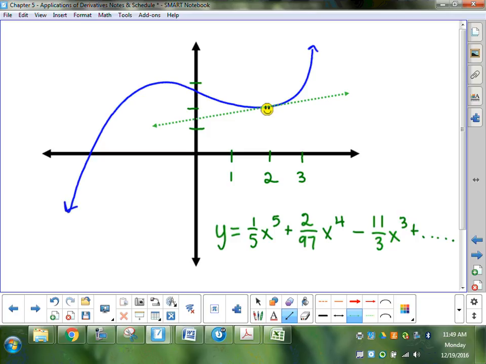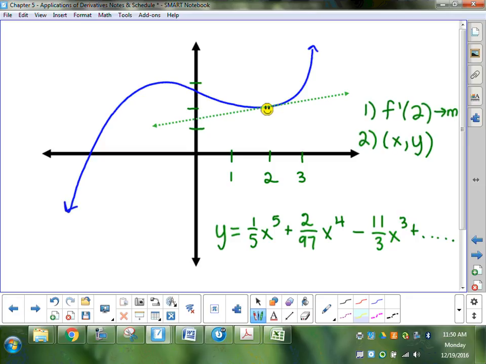It'd be 2 and whatever that y value ends up being. But he's right, you use the point at 2. We use the derivative at 2. That gets you the slope. And then we need an x and a y, but we know the x is 2 and the y is something, so we could figure out what that is.